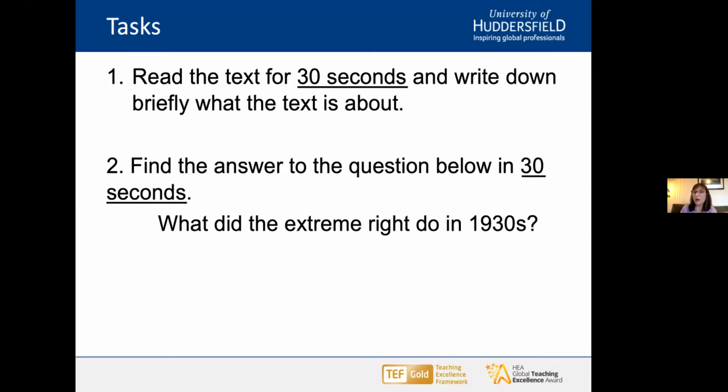1930. Probably all of you were doing the same thing because you as readers and as test takers, quite experienced test takers, know that that is the key information, and we need to find it in the text. But because we know that it's a number, we did not actually do as much reading as we did for the first one.